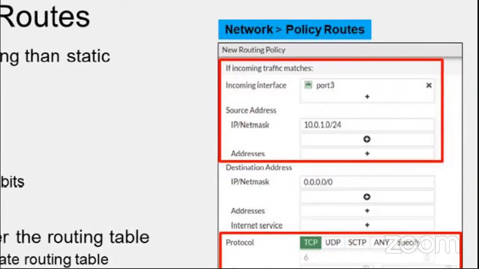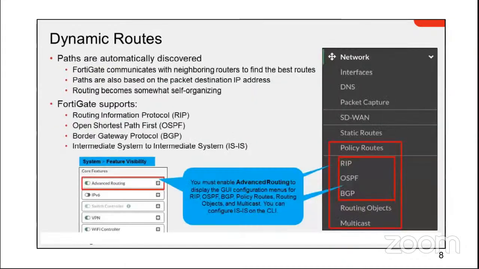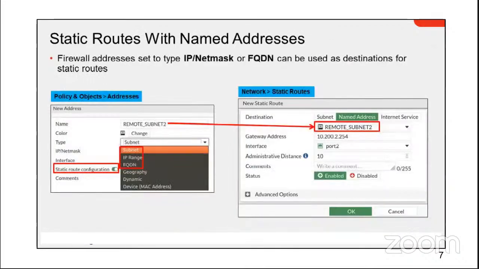Oh, okay. All right. Whenever we are talking about policy-based routing, how is it different? Policy-based routing gives you more control over what information can be routed through your firewall. Whenever you're talking about a normal route, let me show you something over here.